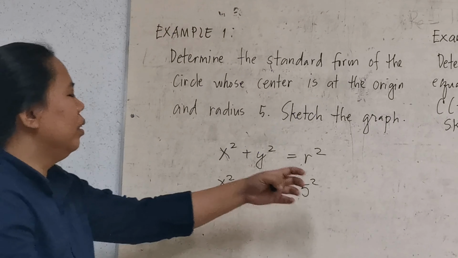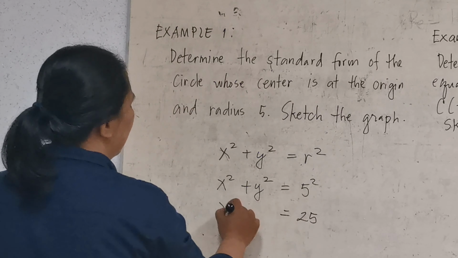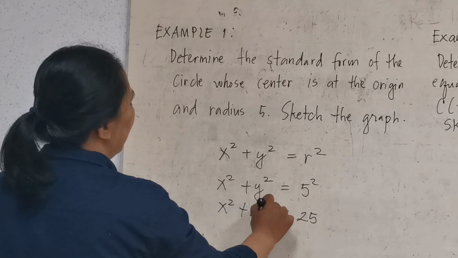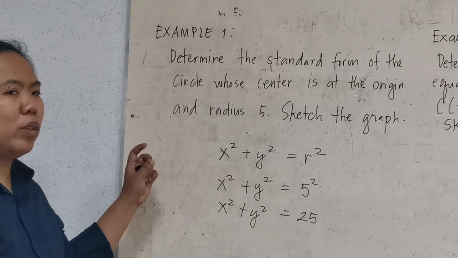So what is 5 squared? This is equal to 25. So we have now the equation of the circle: x squared plus y squared is equal to 25.